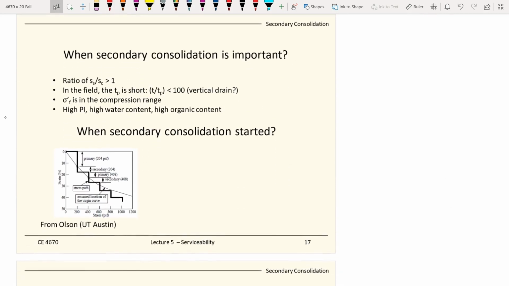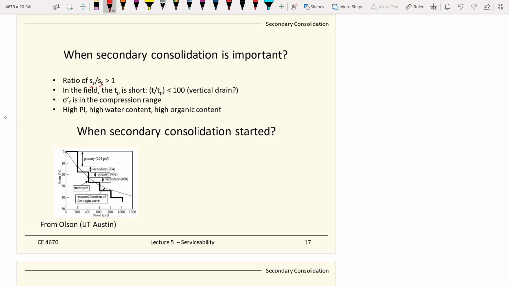When do we need to take secondary consolidation into account? First of all, if the ratio of the secondary settlement to the primary settlement is greater than one, it means that if you wait long enough, the settlement from the secondary consolidation is even more significant than that from the primary consolidation.